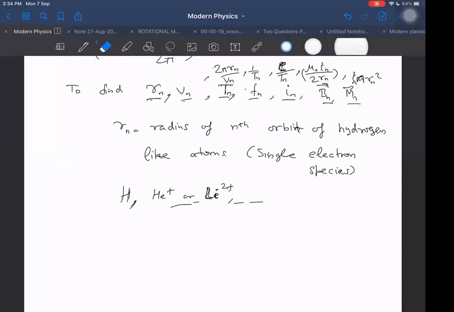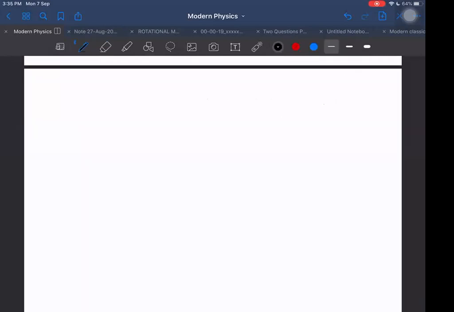Let us start from our two equations. Centripetal force m v square by r is equal to k Z square upon r square, where Z is the atomic number of the nucleus. Then I can write m v r into v is equal to k Z square.